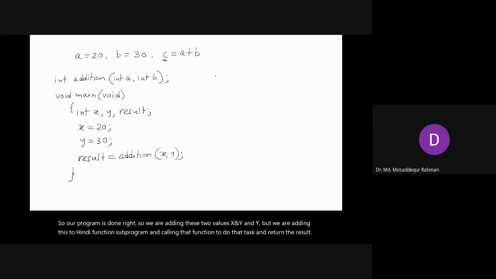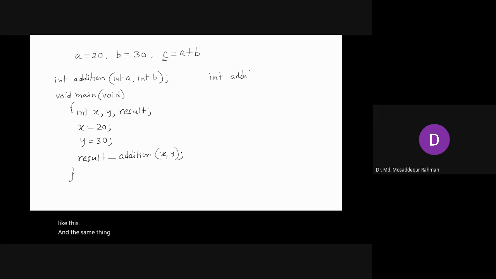Now we have to write the function subprogram. Again, we write int, and the same name, addition, and then inside the parentheses, int A, int B, and then the body of this function subprogram.